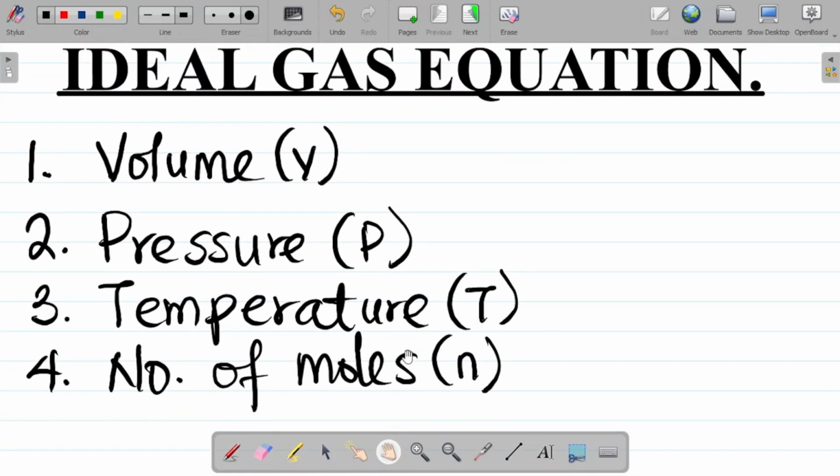So these are four very important quantities in all experimental work, measurement, or calculation involving gases.